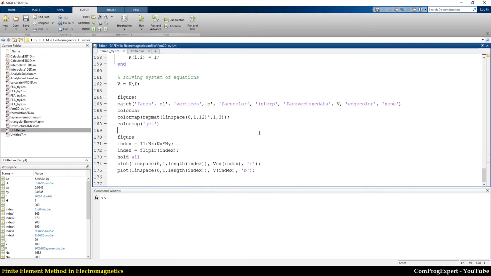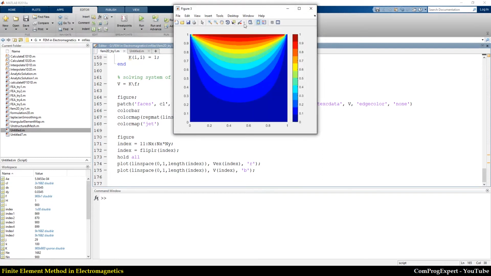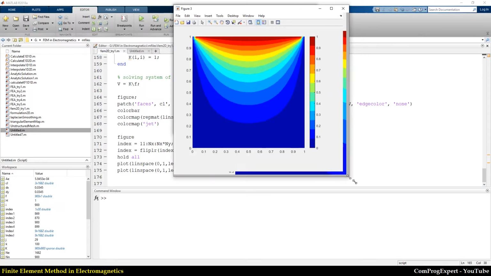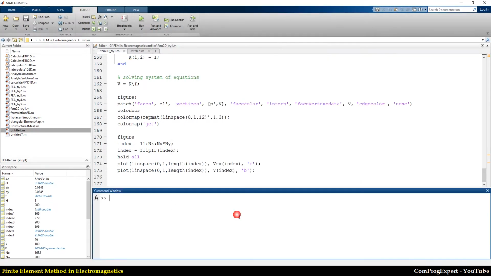Here, when you plot the solution using the patch function, instead of using x and y coordinate, you can also add the z coordinate, and the z coordinate could be the value of electric voltage. So if I run this code, you can see the solution as a surface, right? So I can show you this surface.